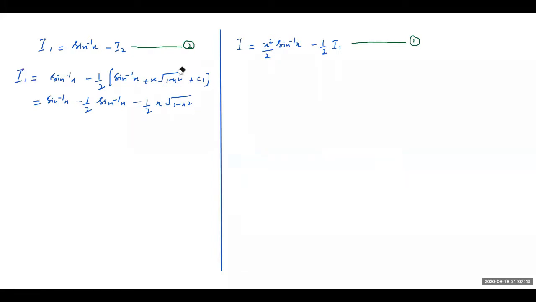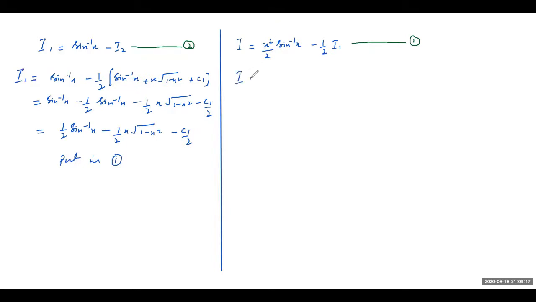Now sine inverse x minus 1 by 2 sine inverse x simply becomes 1 by 2 sine inverse x, and then I have this, and then I have minus c1 by 2. Now put in result number 1. Here is result number 1, and what do I get?